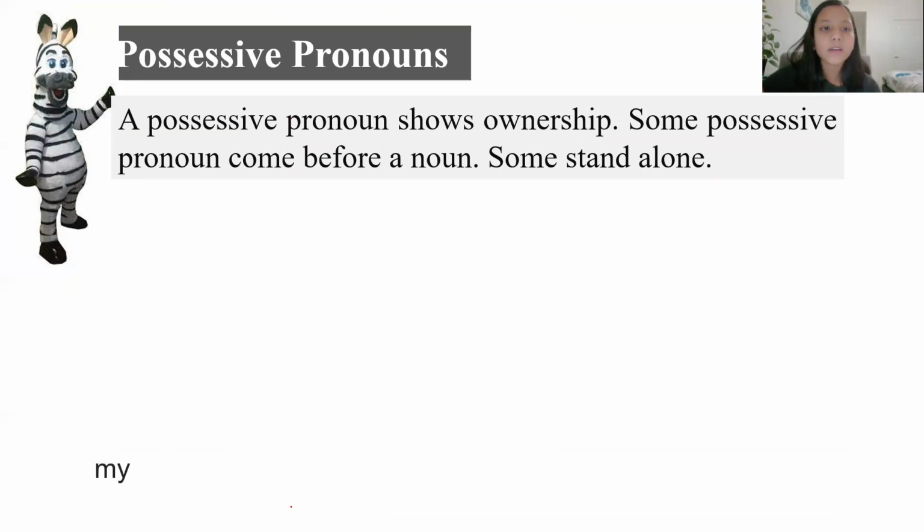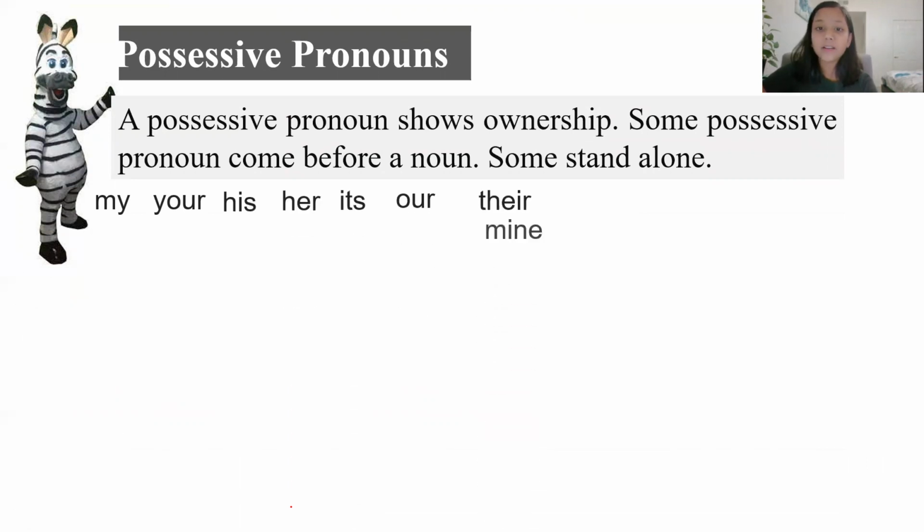Some words that we can use are my, your, his, her, its, our, their, and these are the pronouns that come before a noun. Mine, yours, hers, his, and theirs stand alone. They don't like any followers. They would just stand alone.